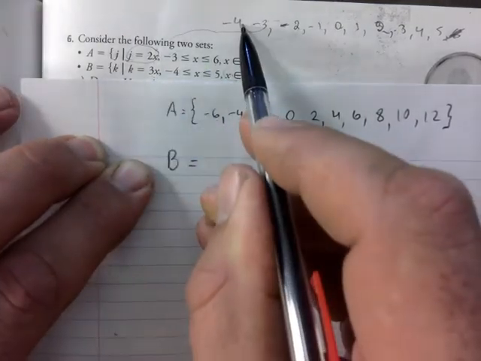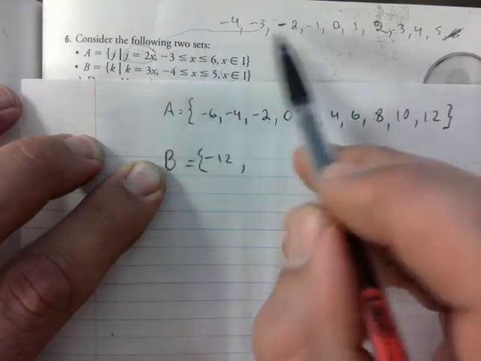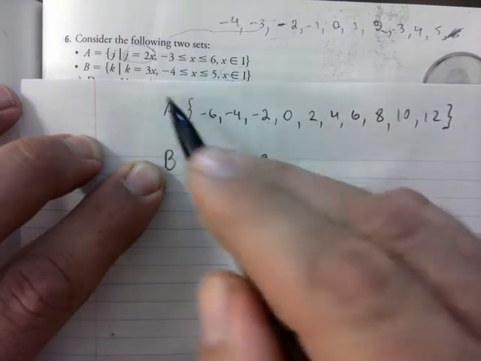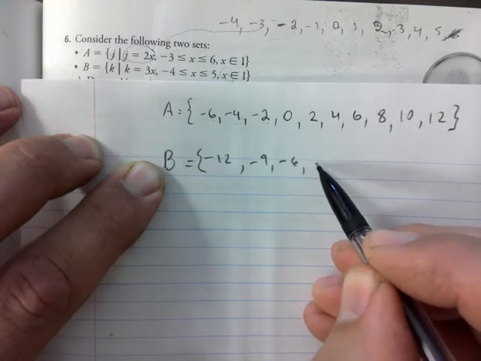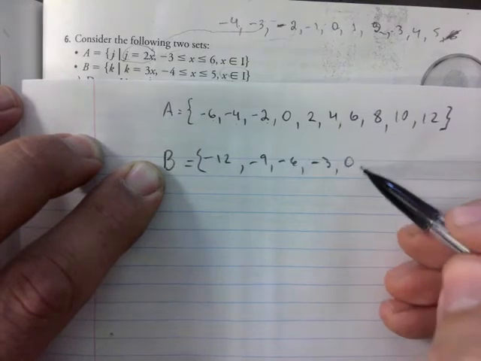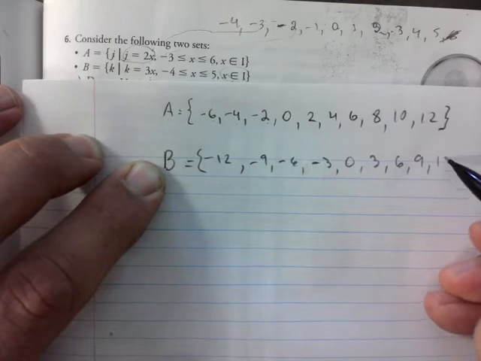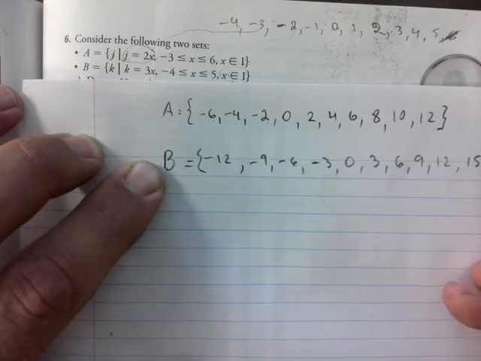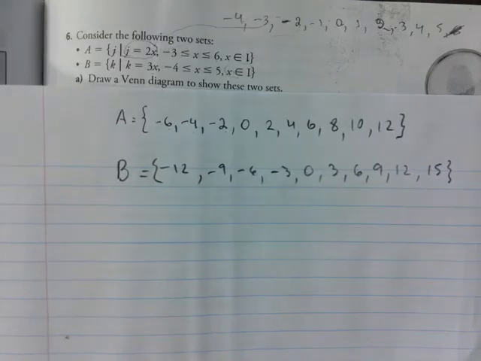So 3 times -4, -12. 3 times -3, 3 times -2, 3 times -1. It's multiples of 3. Do you understand that, right? So 3, 6. I have to think to make sure I don't mess this up. There we go. So now you've created both sets.